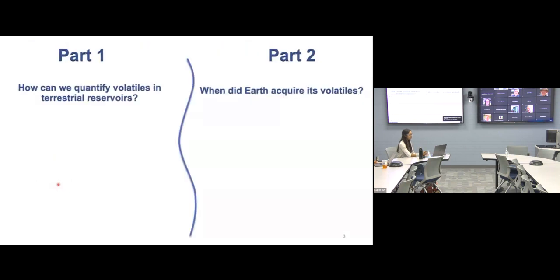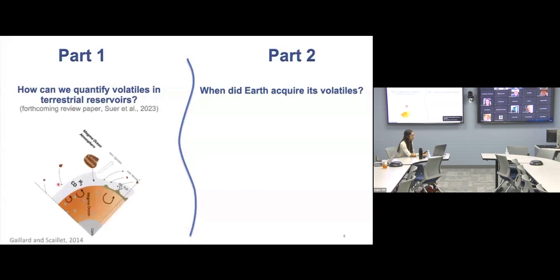There are two questions that motivated the work that I will present today, and the talk is divided into two parts in which I try to address each of these questions. For the first part of the talk, the question that I'm mostly interested in is how can we quantify volatiles in the Earth and other rocky planets?